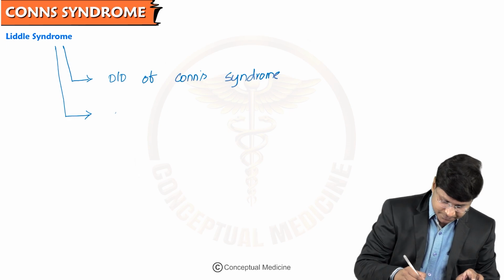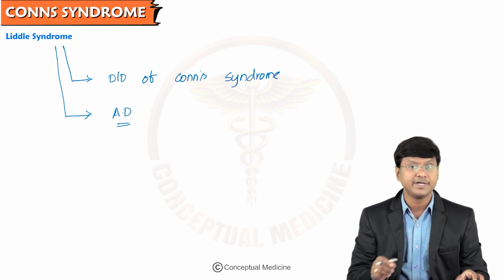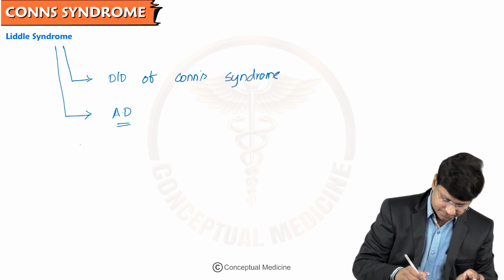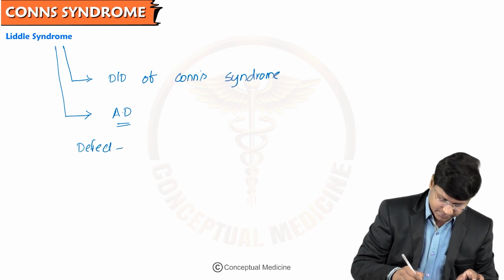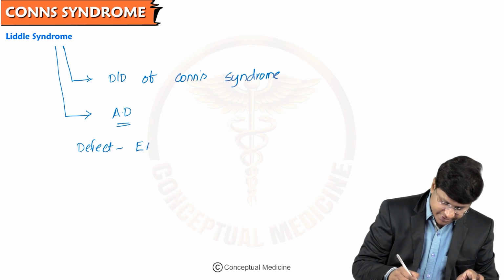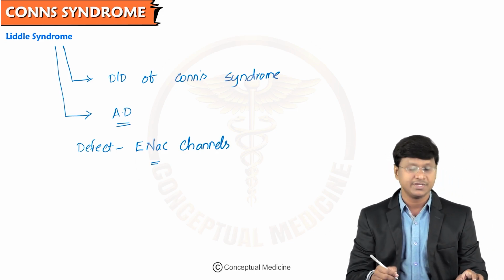Liddle syndrome is a genetic disorder with an autosomal dominant type of inheritance. And what is the defect? The defect is in epithelial sodium channels. ENaC channels are nothing but epithelial sodium channels.